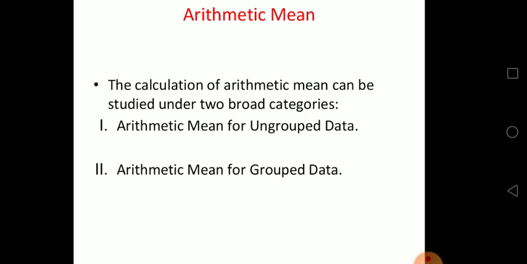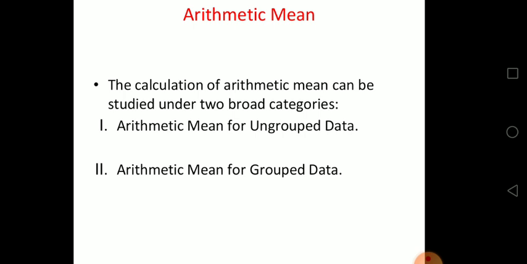Ungrouped data are such data that are available without any classification. You've collected the data and no classification has been done. So that is ungrouped data.